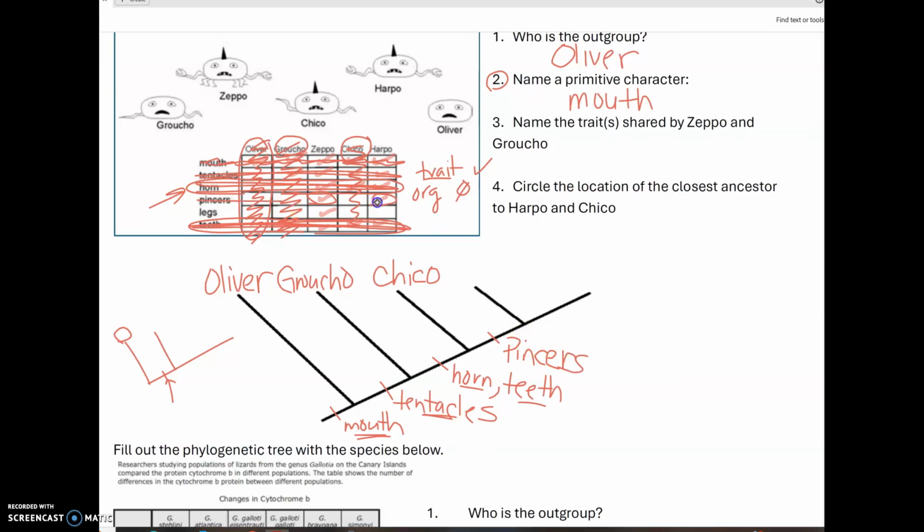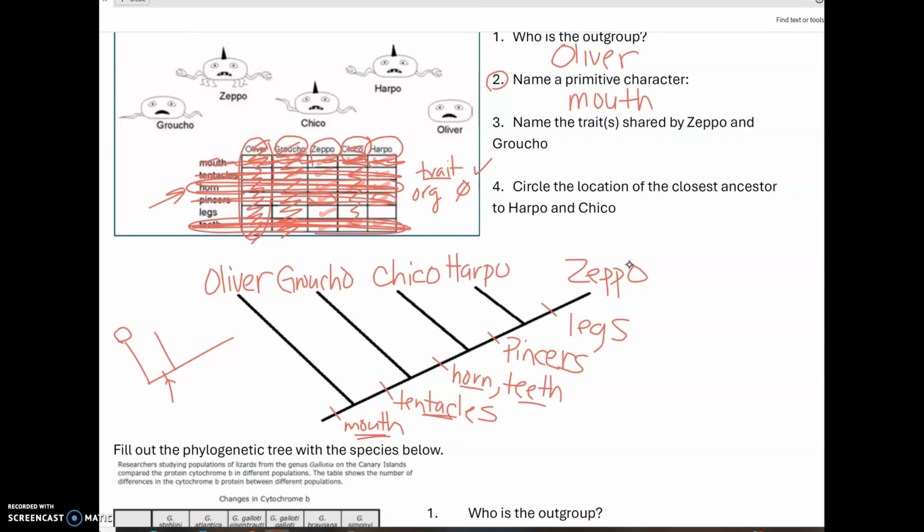Pinchers, cross that off. Now Harpo is the next one. And then the last one, legs, is going to go here. And Zeppo has all of the traits in the entire tree. Excuse me. And so this is our finished cladogram.